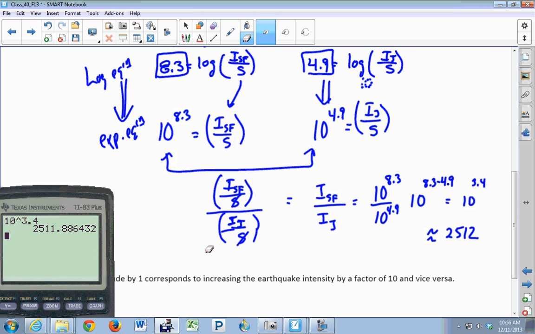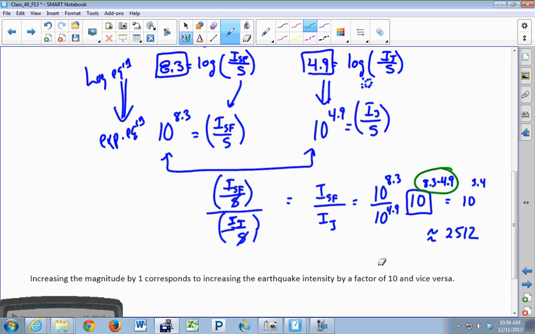But if you had the values of two earthquakes and you were trying to figure out how much more powerful one was than the other, your base is 10, and all you do is subtract those two Richter scale numbers, and that will give you the factor of how many more times one was more powerful than the other. That's the end result. Okay, 10 to the 8.3, which was the Richter scale value for the San Francisco, and subtract from that the Richter value for Japan.